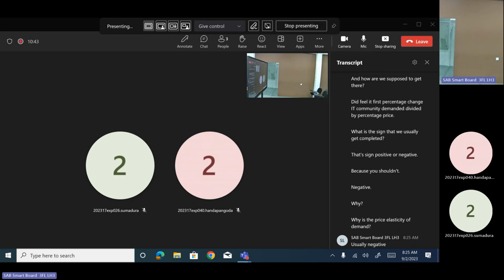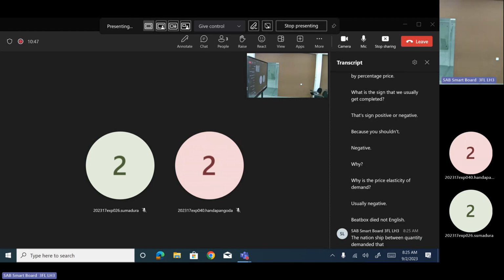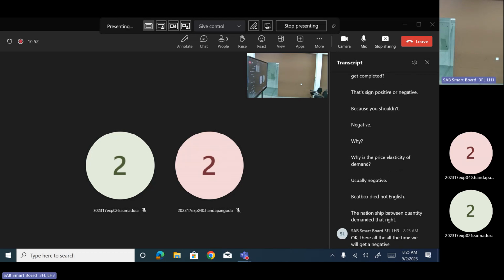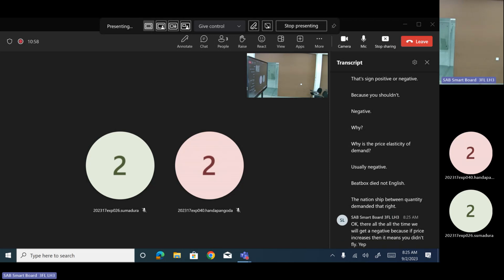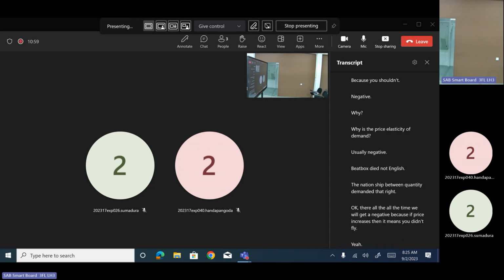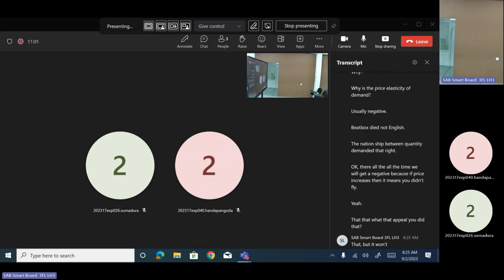Because there is an inverse relationship between quantity demanded and price. Therefore, we will get a negative because if price increases, there will definitely be a QD decline.